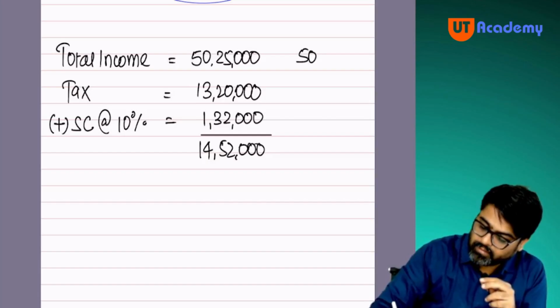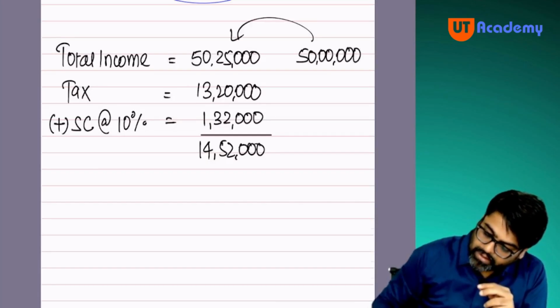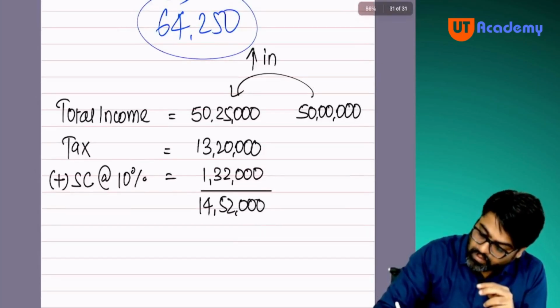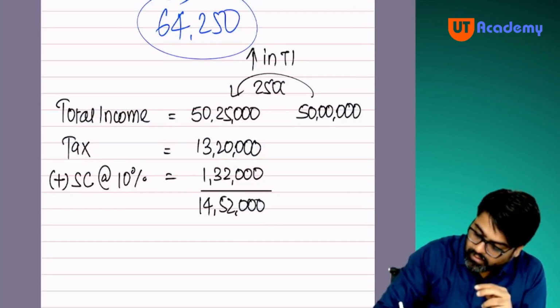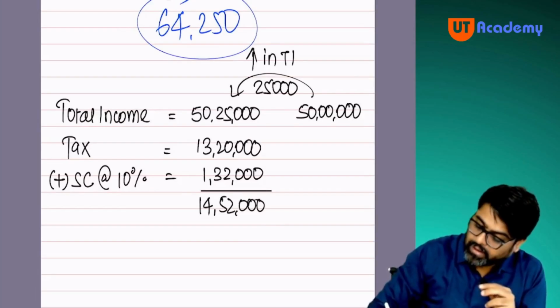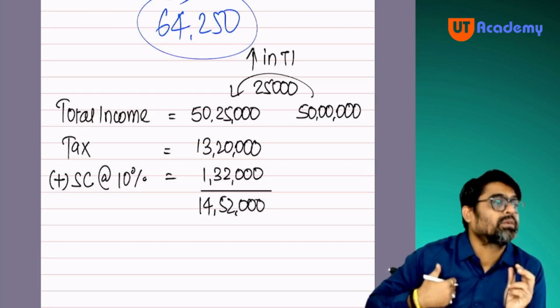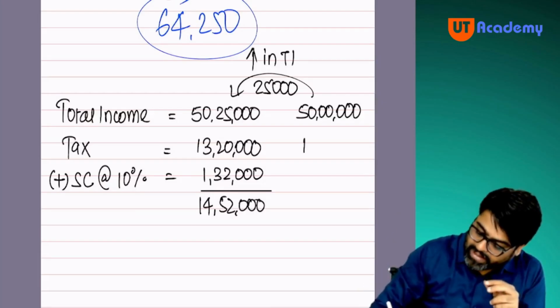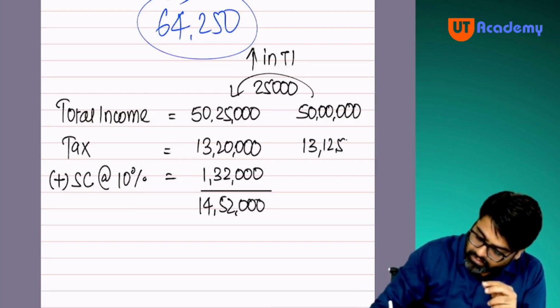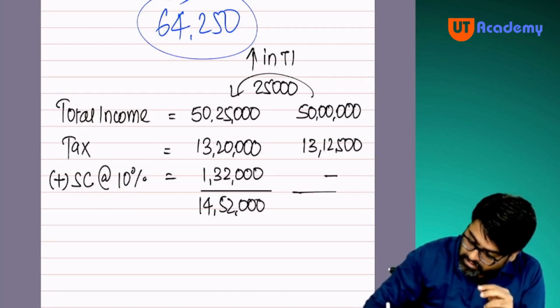What is the limit? So can you see the increase in total income is only 25,000. See, if 50 lakhs would have been my total income, I would have paid tax of 13,12,500 with no surcharge. So my tax would have been 13,12,500.